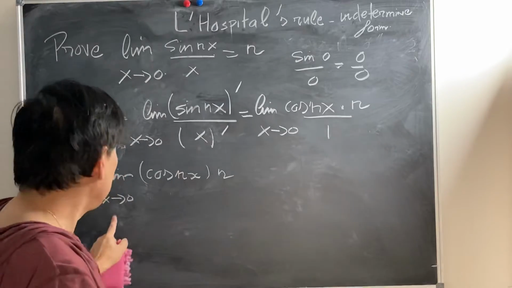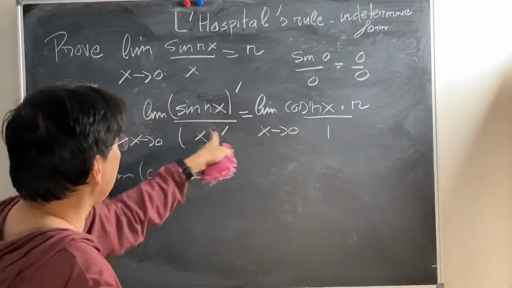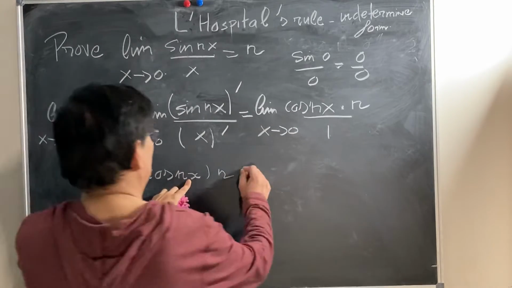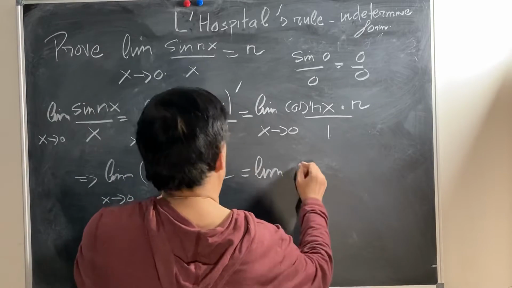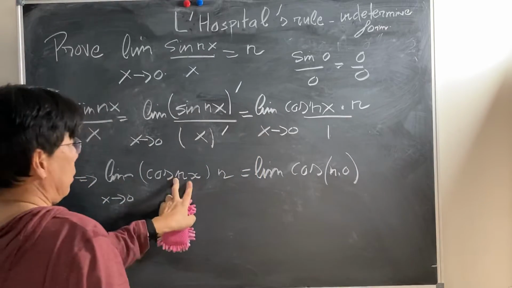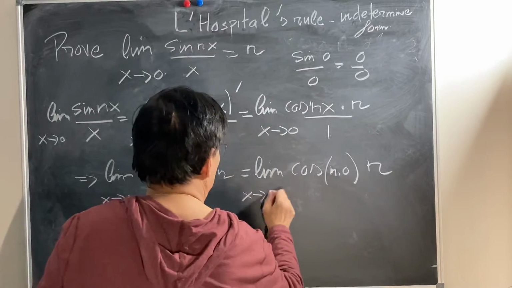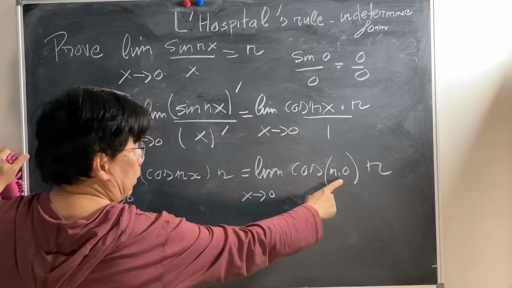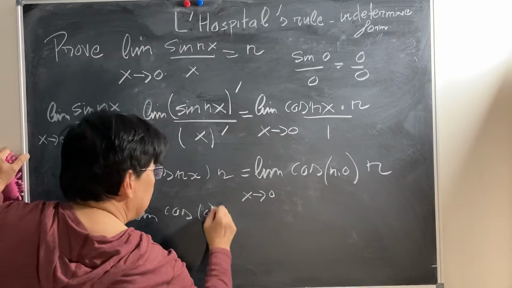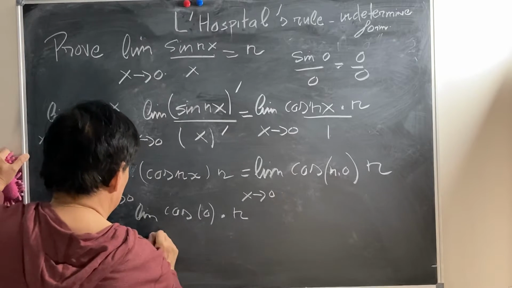Now you can substitute 0 here, since there's no x in the denominator as x goes to 0. Then you have the limit of cosine of n times 0, times n. n times 0 is 0, so you have cosine 0 multiplied by n.